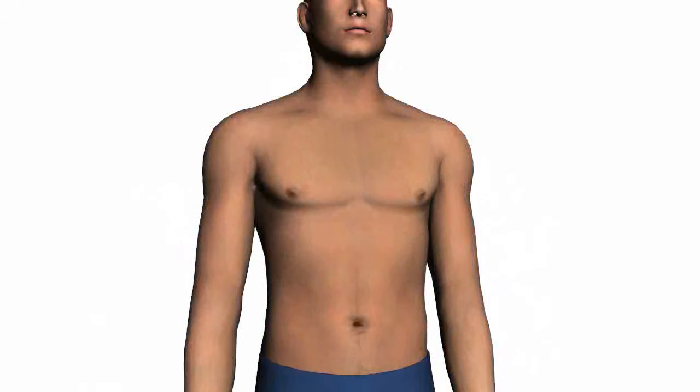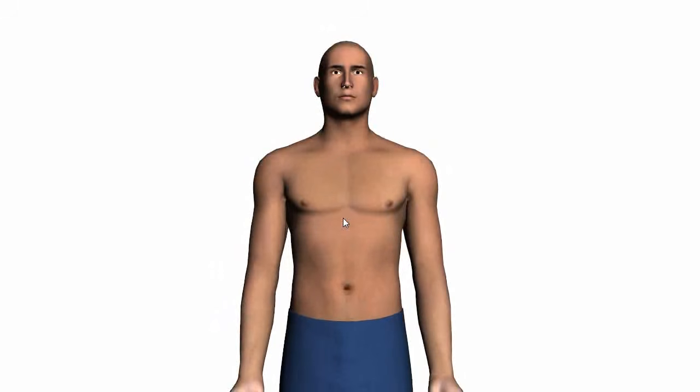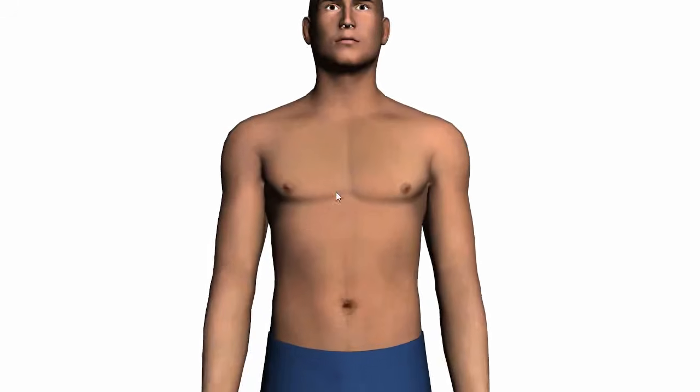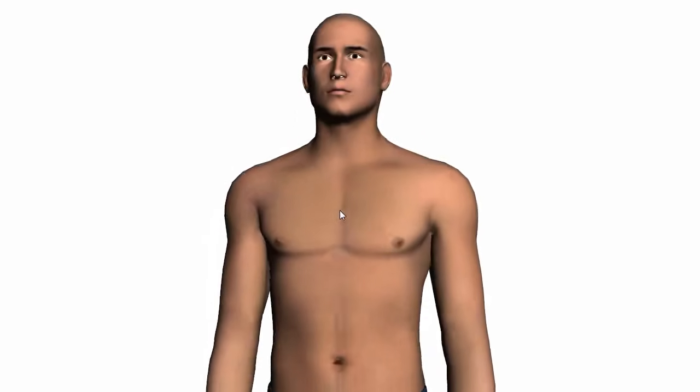So we've talked about anterior, posterior, proximal, distal, medial, lateral, superior, inferior. Sometimes you'll hear the words dorsal, ventral, rostral, and caudal. In human anatomy, this is usually restricted to being used when referring to the nervous system.